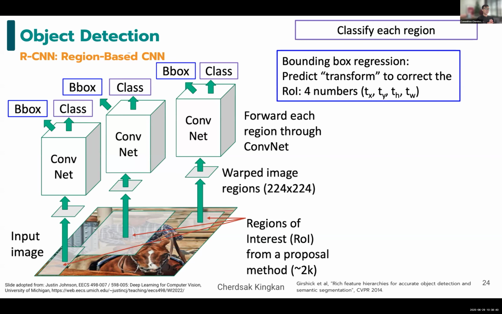But in this case, the model does not tell us exactly where the bounding box is. It just tells us the transform or the translation of the box, which means the difference between the ground truth and the predicted box, how much error there is.